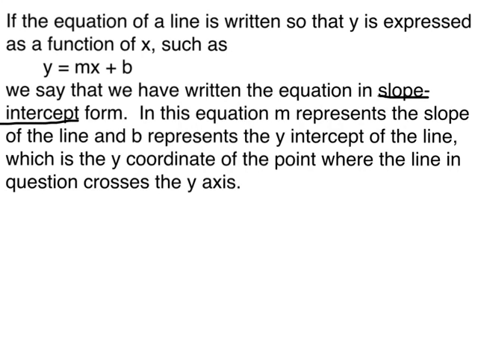So in this equation, y and x are going to be your 2 points on your coordinate plane. And m is going to represent your slope, and b is what is called the y-intercept. So it's where the line is going to touch the y-axis.